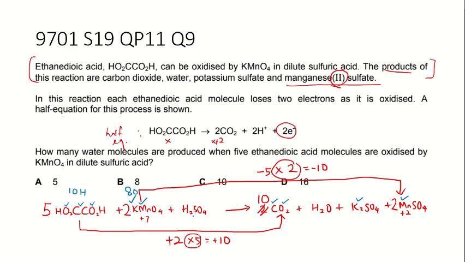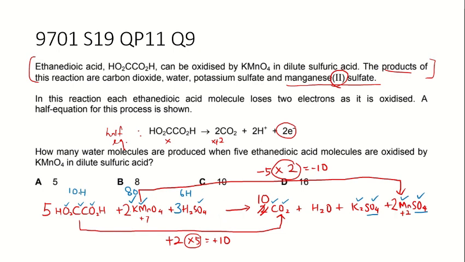Now let's look at H2SO4. How many H2SO4 do I need? Based on the right-hand side, I have 1 sulfate plus 2 sulfate, 3 sulfate, and these sulfate ions must be from only sulfuric acid. So I need 3 sulfuric acid molecules so that the number of sulfate ions is balanced. Now 6 more hydrogen here from the H2SO4.